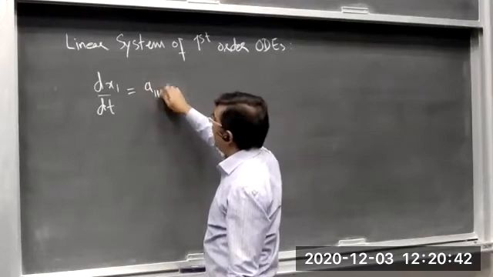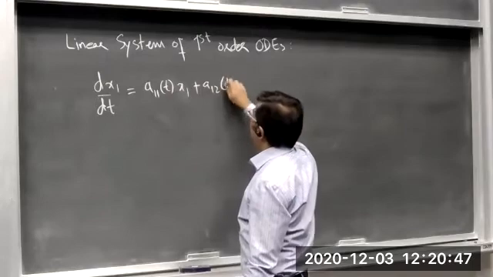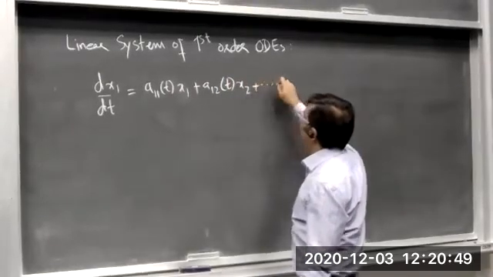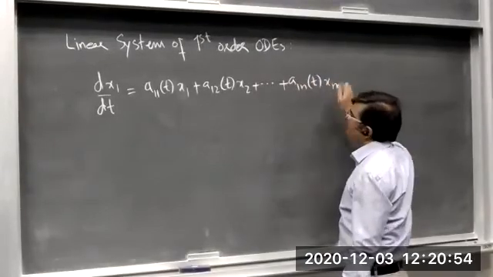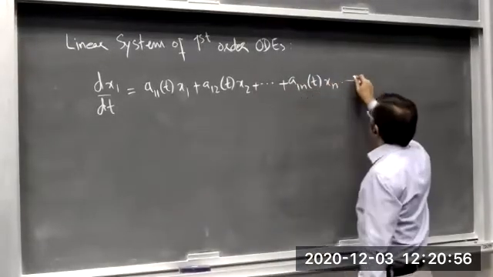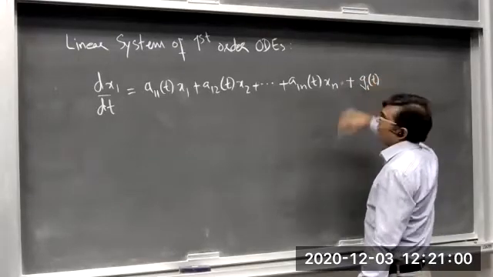We say that dx1 by dt is equal to a11 of t x1 plus a12 of t x2 plus so on plus a1n of t xn plus some g1 of t, which is only a function of t.